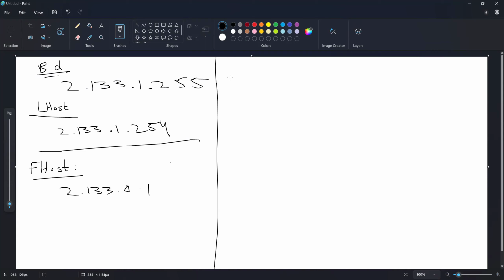It's 8 digits, 11111110. So let's write the first host first. So it's 0, 0, 0, 0, 0, 0, 1, 0.